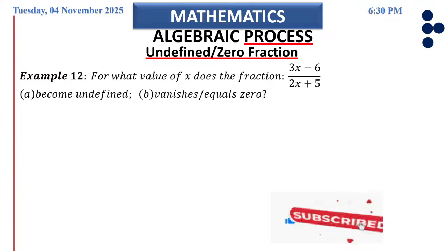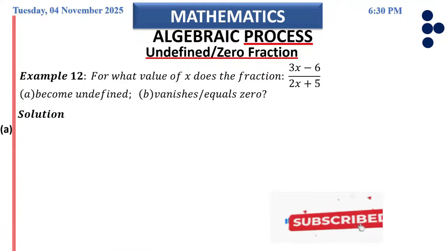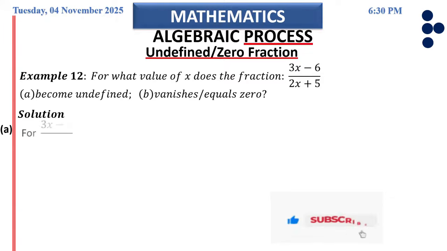We say, for what value of x does the fraction 3x minus 6 over 2x plus 5 become undefined? So the only time it becomes undefined is when the denominator is 0. Okay?